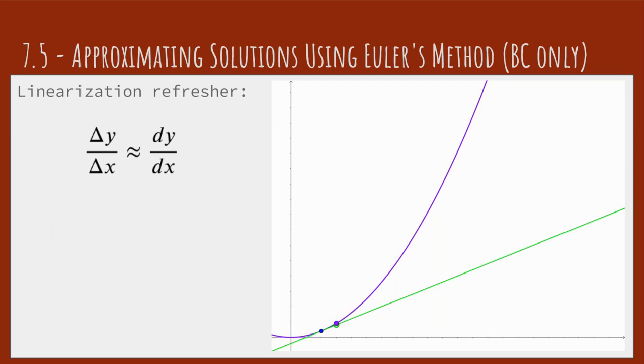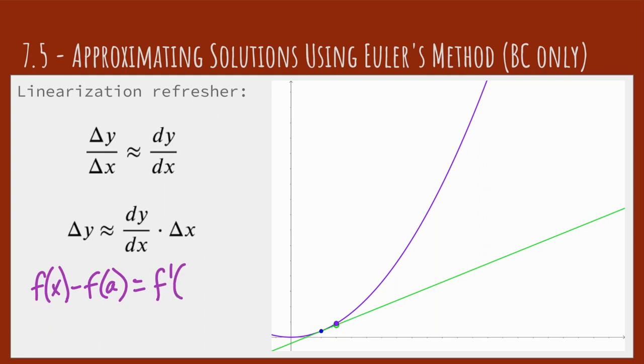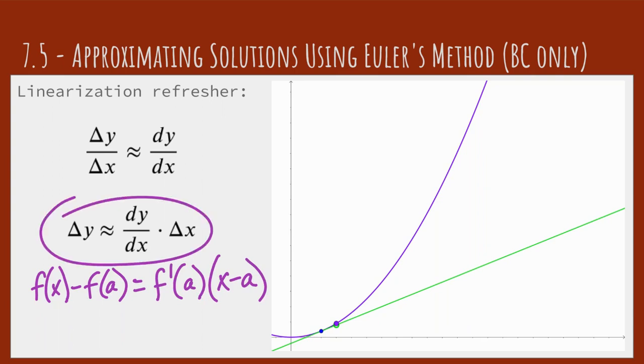So the idea of linearization takes this formula and says that a change in y, which can also be written as f of x minus f of a, is approximately equal to the derivative at some point times x minus a. This equation is equivalent to that expression right there. Basically it's saying the slope of the tangent line is pretty close to the slope of the secant line.